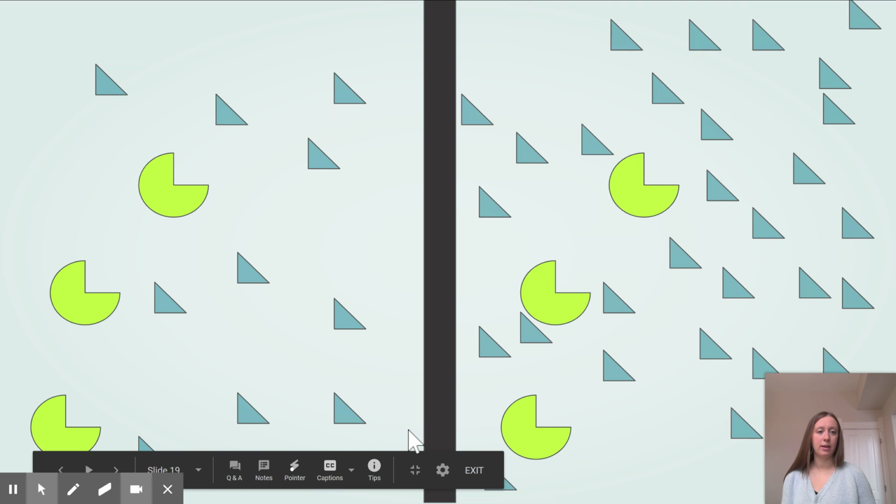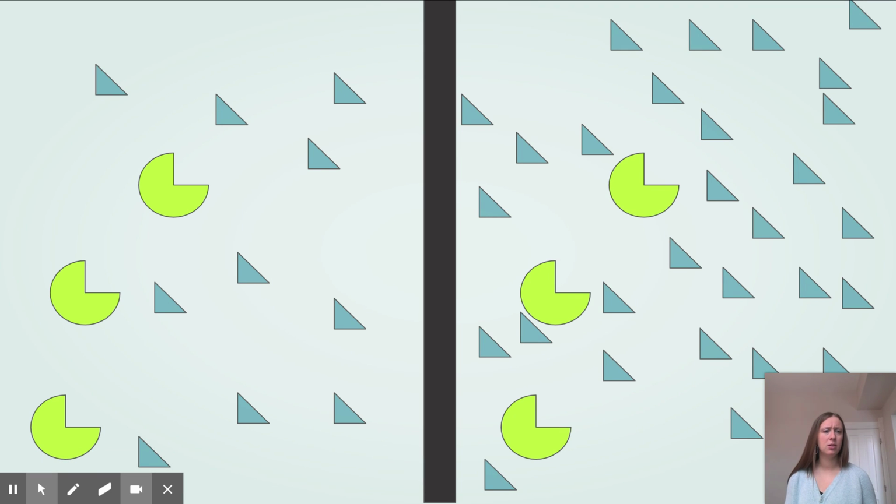That would look something like this, where again, there are still only 3 enzymes, but additional substrates have been added. Take a moment, think to yourself, pause if you need to. What do you think would happen to the reaction rate if we kept adding more and more substrates?